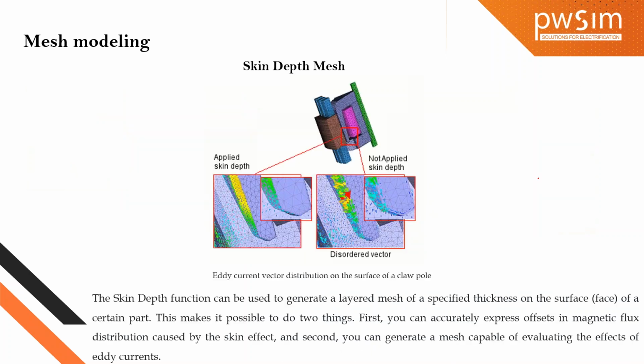So also we have a skin depth meshing. This function can be used to generate a layered mesh of a specified thickness on the surface of a certain part. For example, in this example we have shown the claw pole alternator, the eddy current vector distribution on the surface of the claw pole.